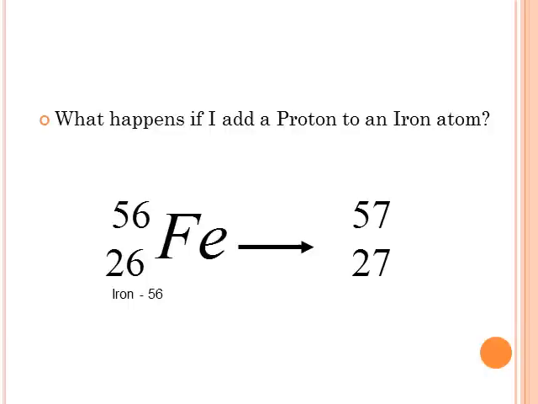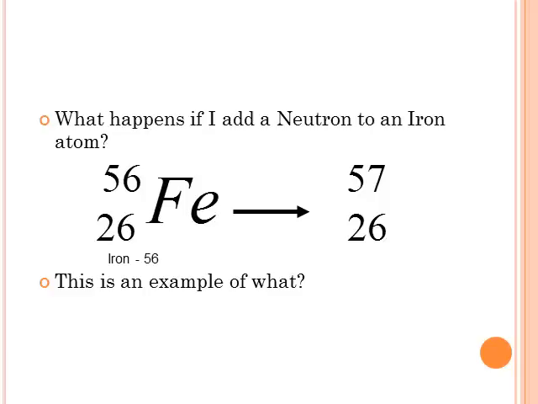The number of protons on the bottom, the atomic number, goes up. Also, the number on top goes up because you have more nucleons as well. Has the element changed? It has, because elements are determined by the number of protons. It is now cobalt-57.